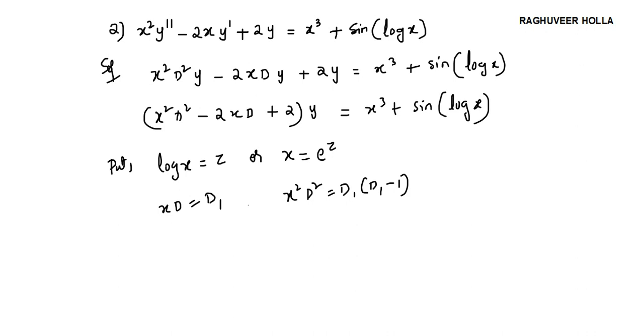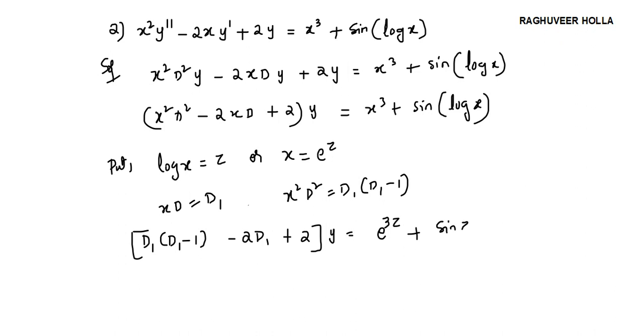Let us substitute that: d1 into d1 minus 1, minus 2 d1, and this is plus 2, into y. So this is equal to, now x cube as e to the power of z, that is e to the power of 3z, plus this will be sin z.